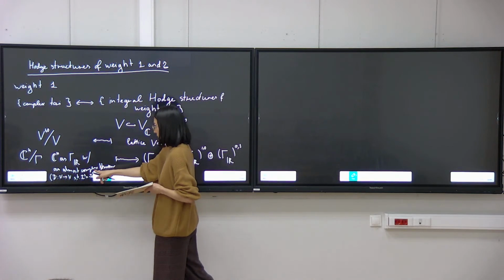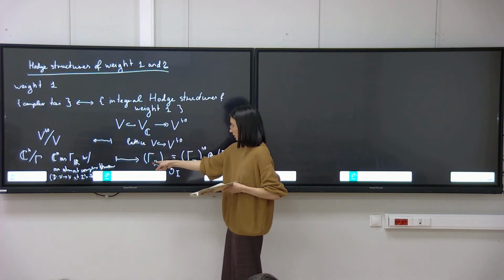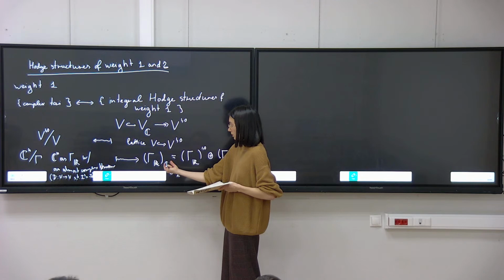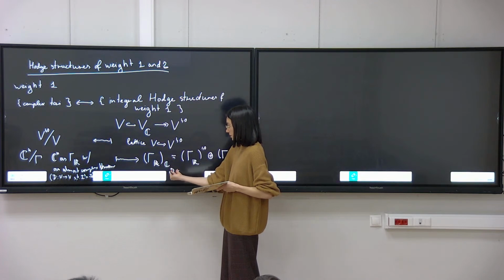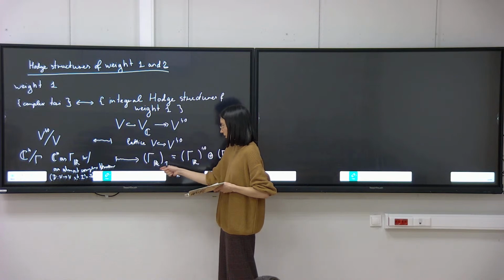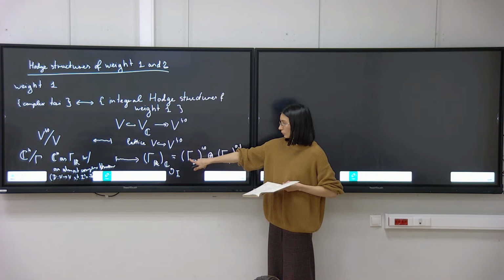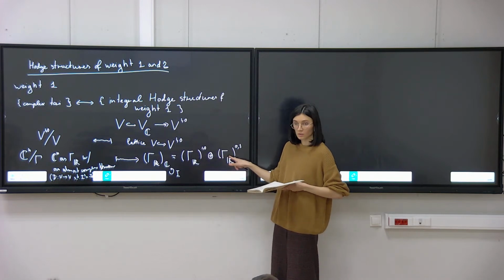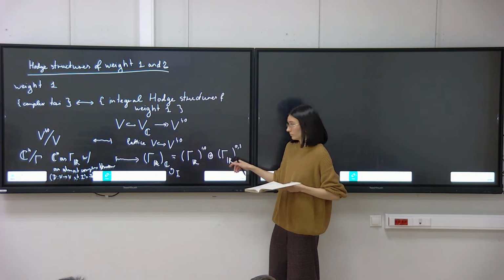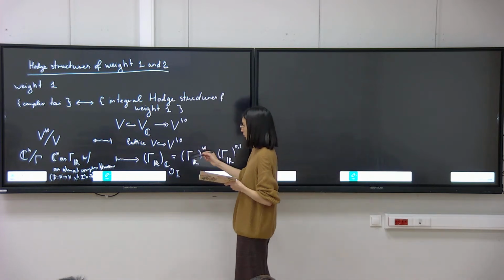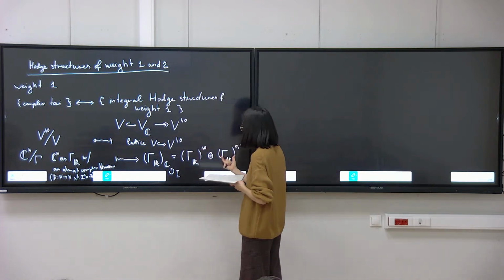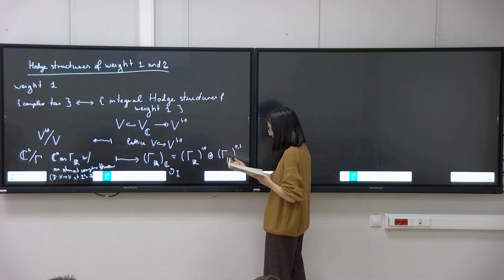What are the eigenvalues of these subspaces? Plus minus i. This is an eigenvalue i, and this is an eigenvalue minus i.